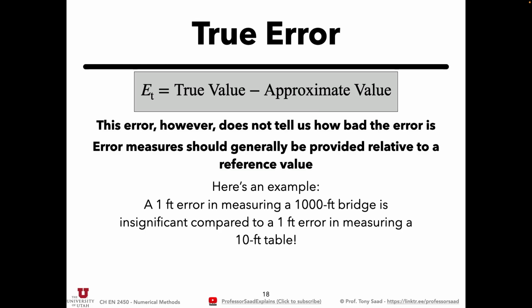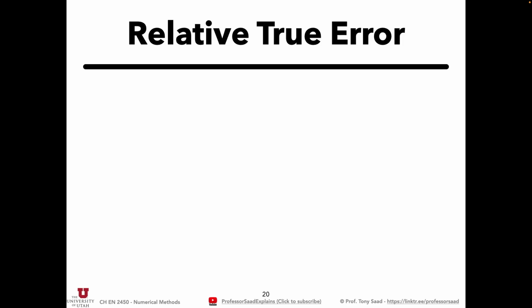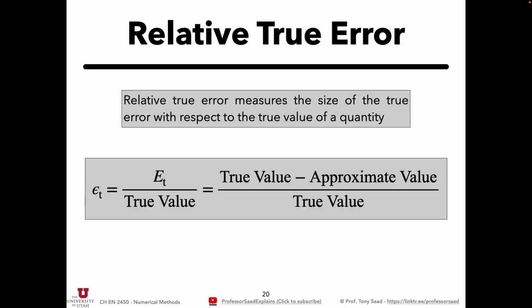Okay? So then we define what's called relative true error, or a relative error. Simply, we take the difference of the true value minus the approximate value and divide it by the true value. This is the error, and we're going to measure it relative to the true thing, because we have the true thing. That's the 1,000-foot bridge. That's the 10-foot table. So error divided by that true value. Now this gives you a dimensionless quantity.